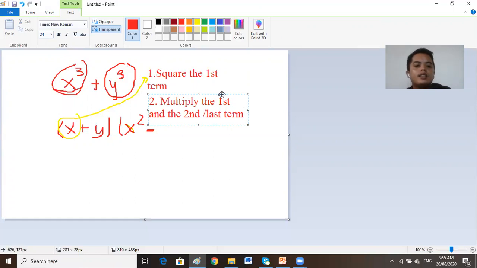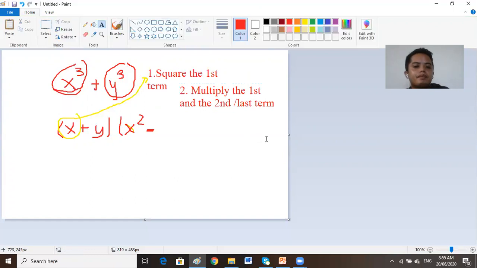So this is your first term and this is also your second or last term. Again, you multiply the first term and second term. So x times y, that is xy.